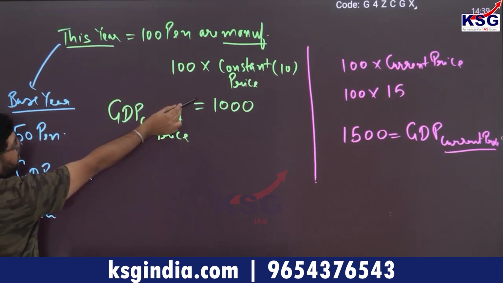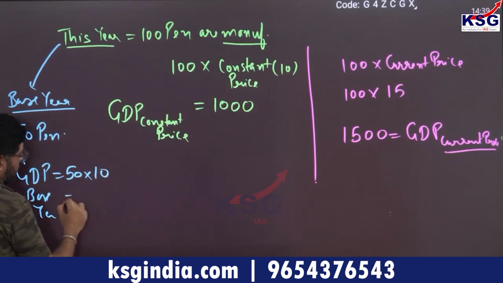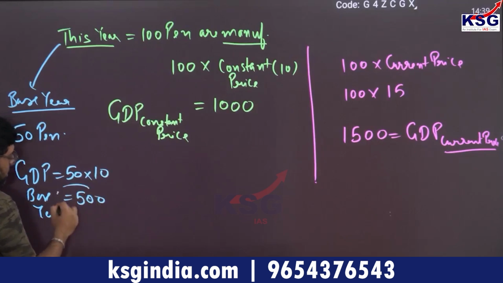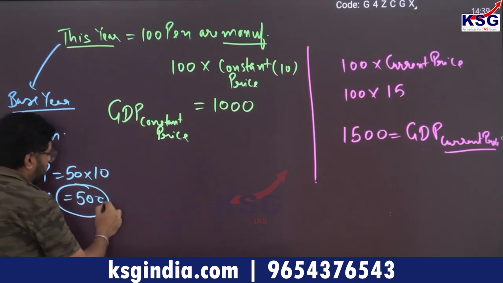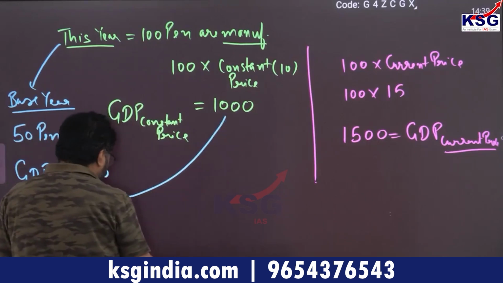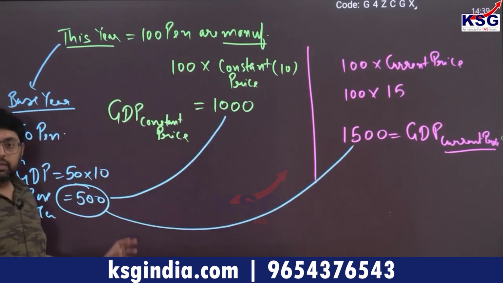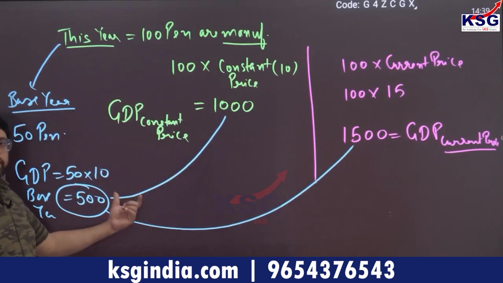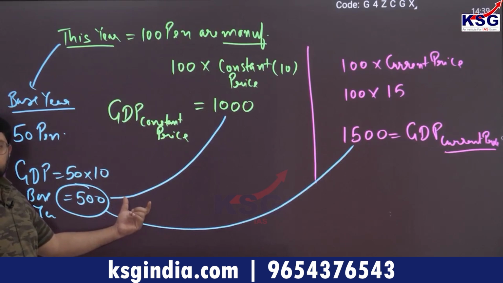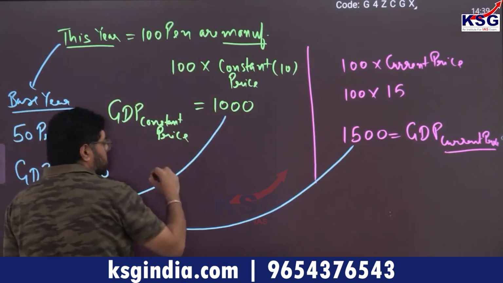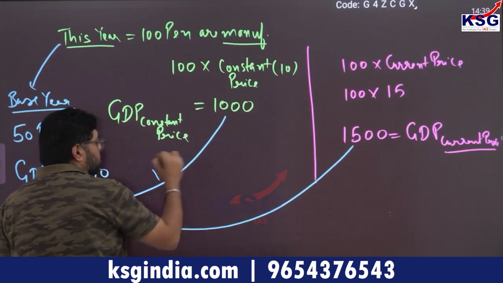In base year the price is 10 rupees, so ultimately 500. So this is the GDP of base year. If I compare 500 with 1000 and 500 with 1500, you will see that growth rate is different. Here growth rate is around 100%, if I compare 500 with 1000.